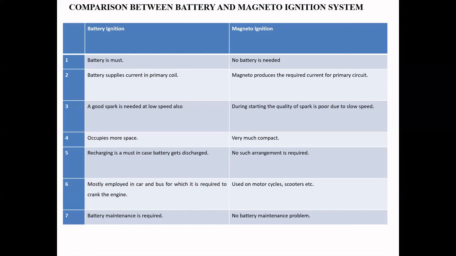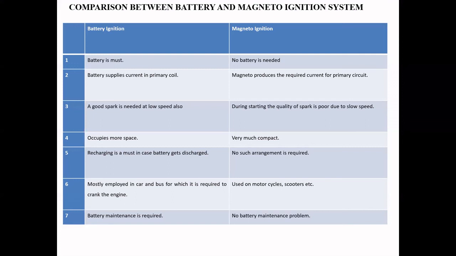As far as space is concerned, battery ignition system occupies more space, whereas the magneto ignition system is very compact because the battery is absent. Recharging of battery is required once the battery gets discharged, whereas when there is no battery, there is no question of recharging.